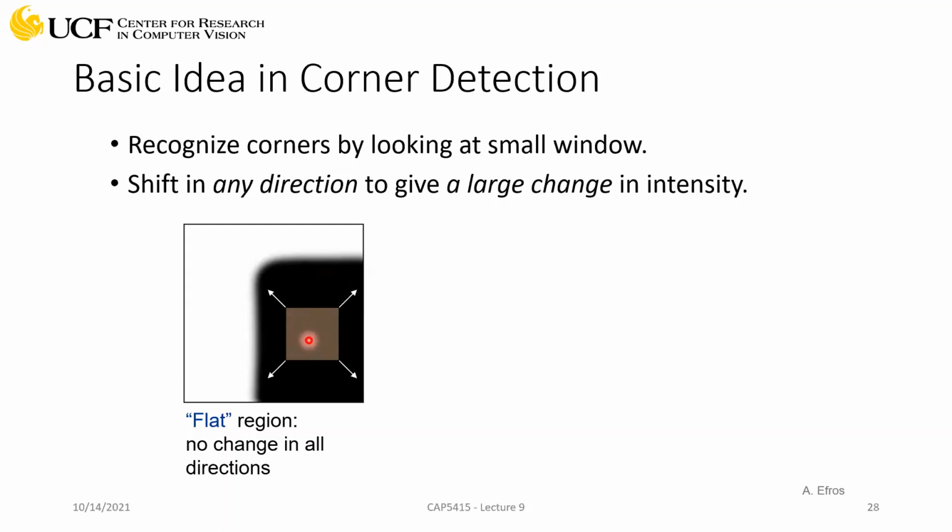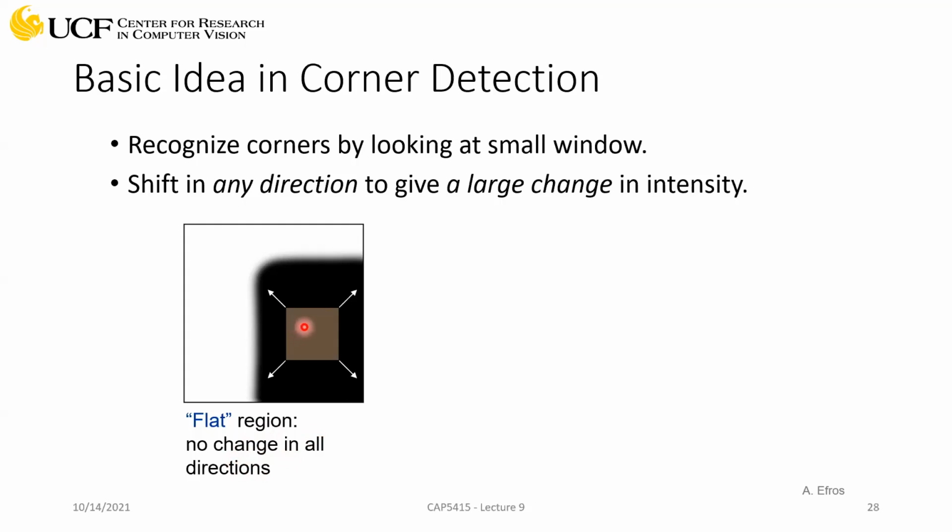You can also consider the average intensity inside the window: sum up the intensities of all the pixels inside the window and take the average. So if you're moving this window around and the intensity is not changing, it means that you are on a flat region.